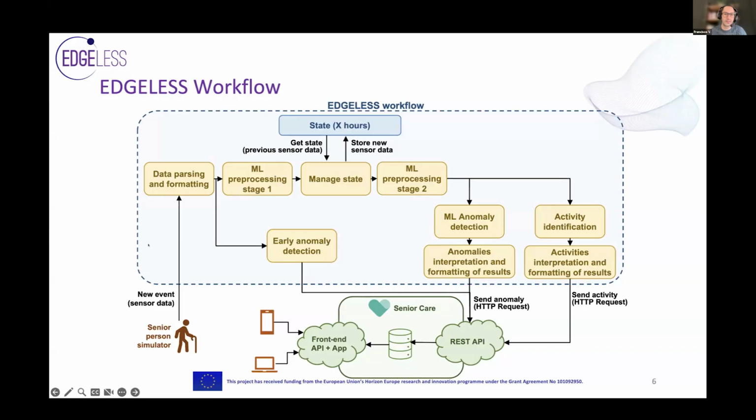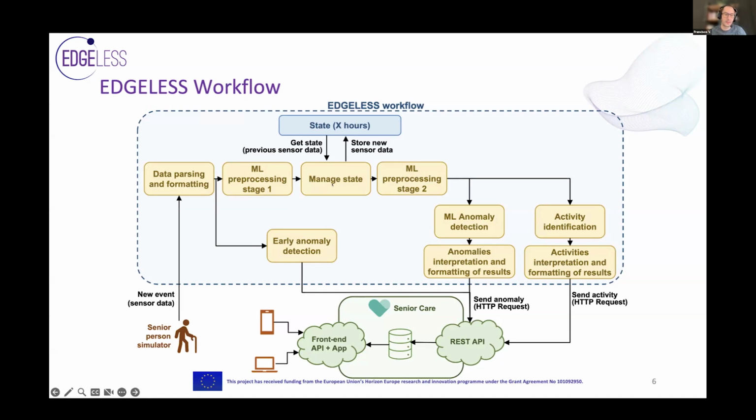And in the Edgeless workflow, we have all these functions. I'm going to focus on the main branch of the workflow, which starts with the data passing and formatting that evaluates and validates the data, adapting the format. Then we have several stages to prepare the data for the machine learning models that we have trained. Something important regarding these stages is that we have a manage state function.